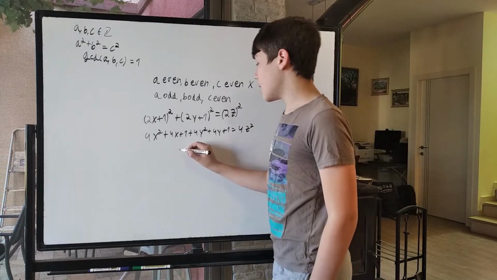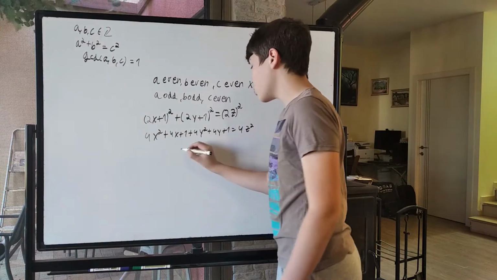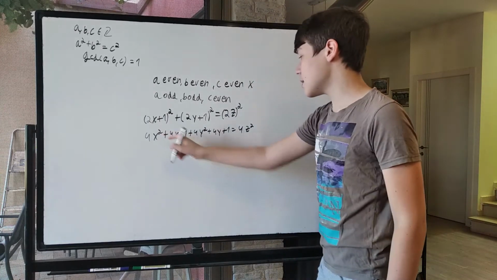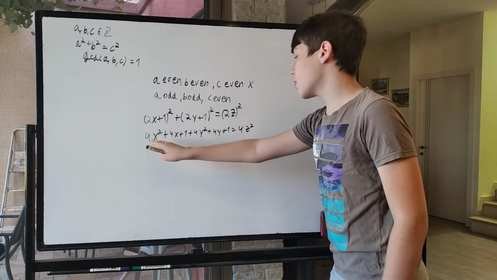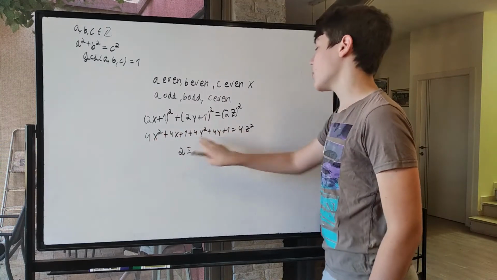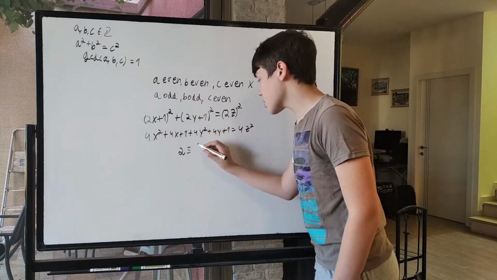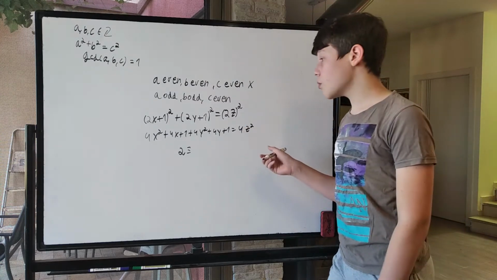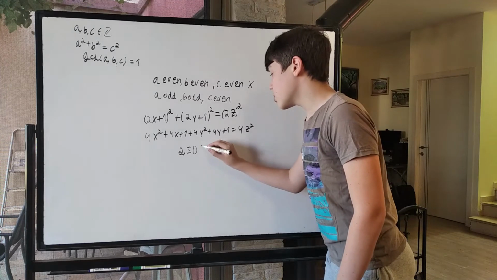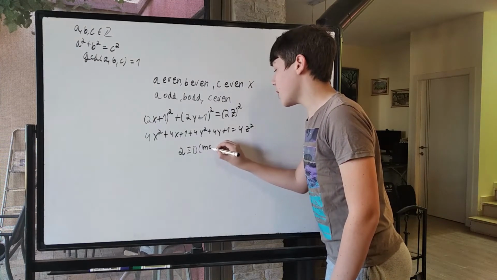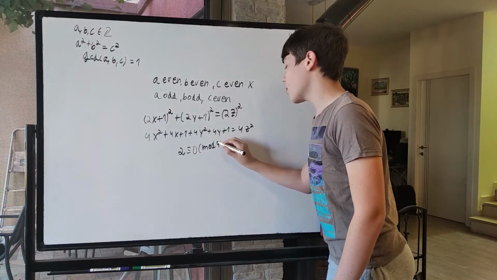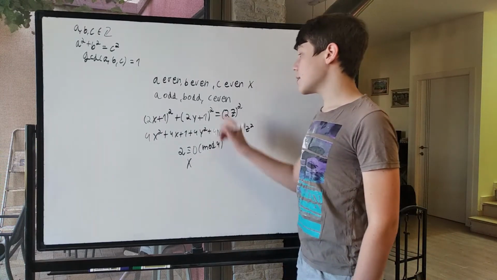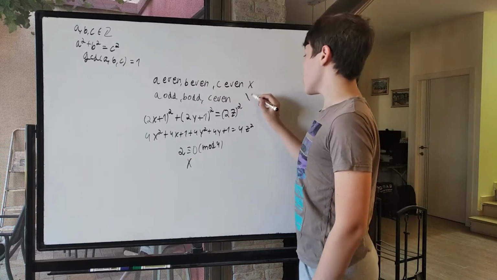And so mod 4, we get 1 plus 1, which is 2, congruent to this side, mod 4, which is 0. So 2 is 0 mod 4. And that is obviously incorrect. And so this is also impossible.